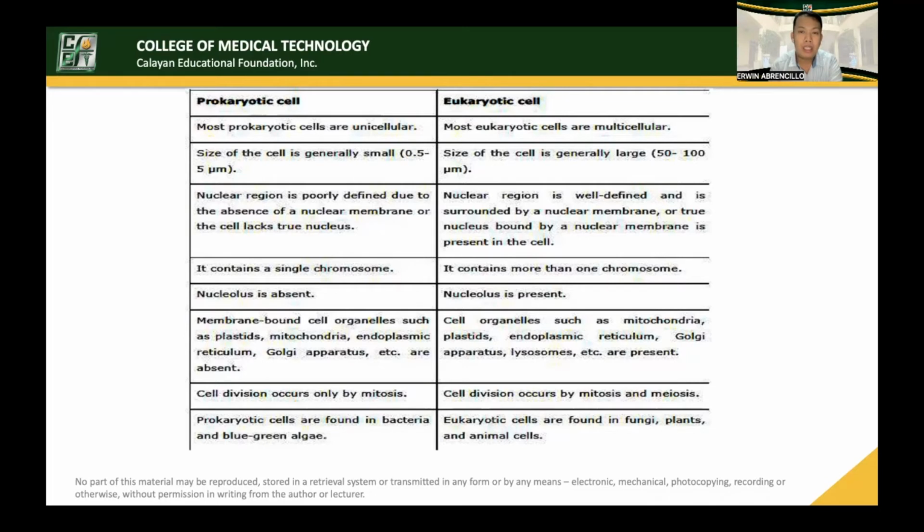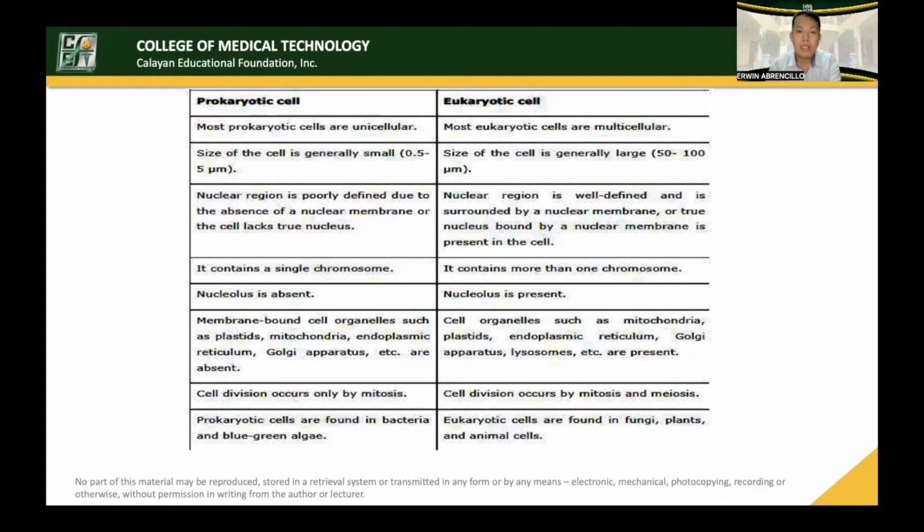Meanwhile, in a eukaryotic cell, there is a nuclear region, which surrounds the inner part of the nucleus containing the blueprint of an organism. The prokaryotic cell contains a single chromosome. On the other hand, the eukaryotic cell contains more than one chromosome.